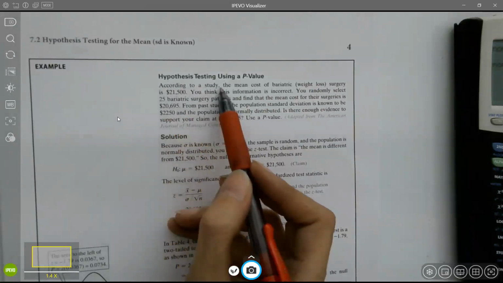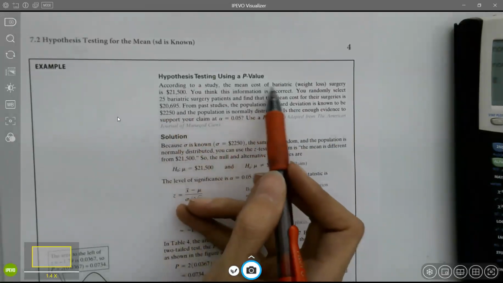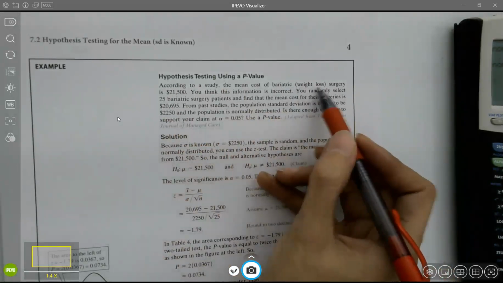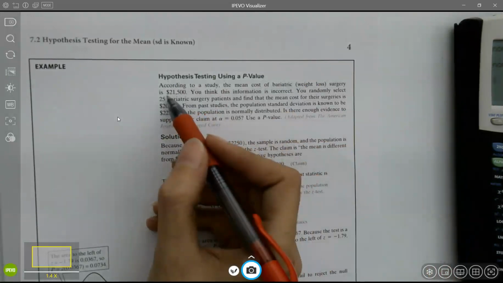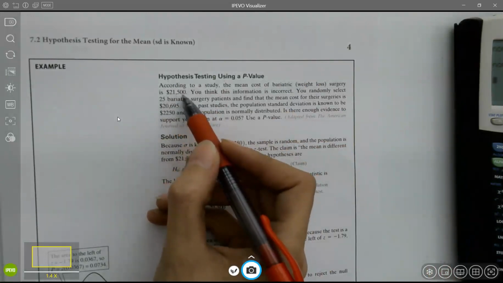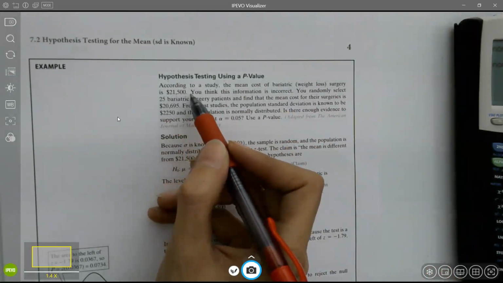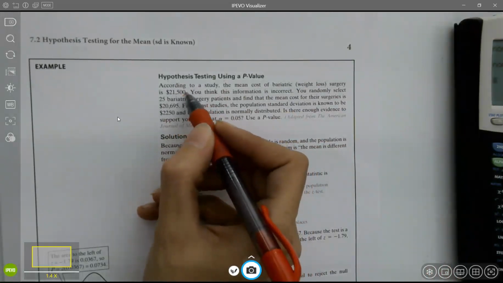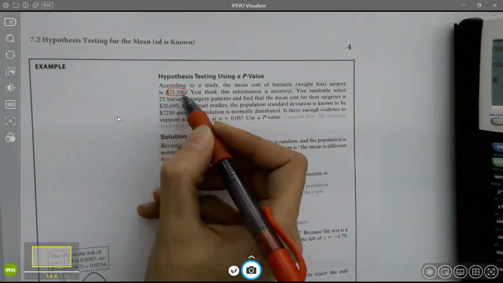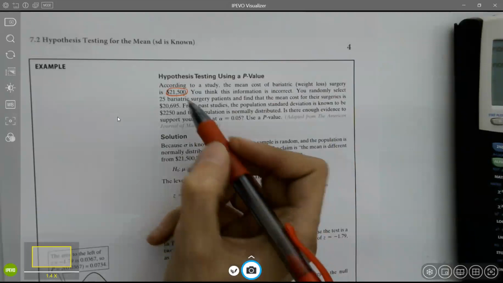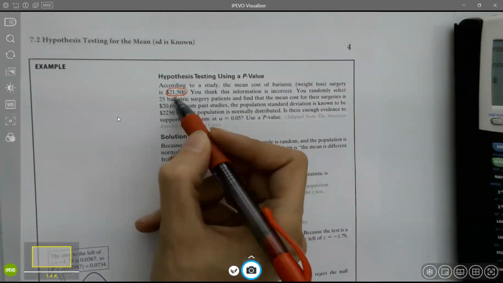According to a study, the mean cost of bariatric weight loss surgery is $21,500. What is this number?